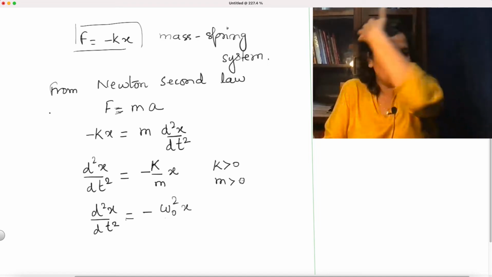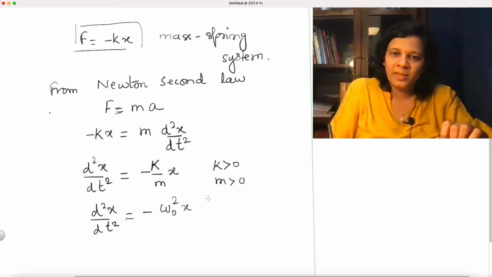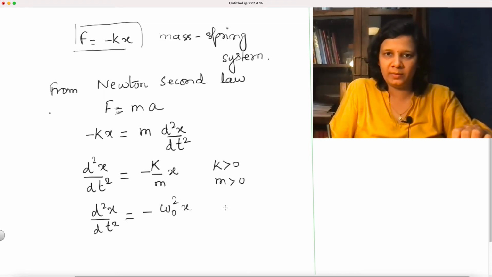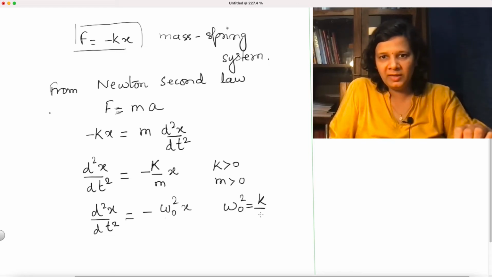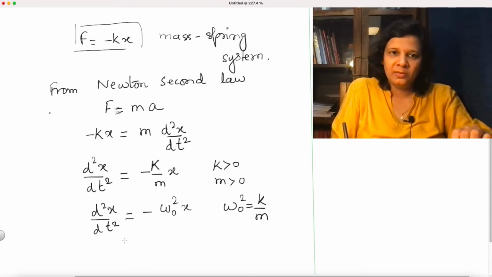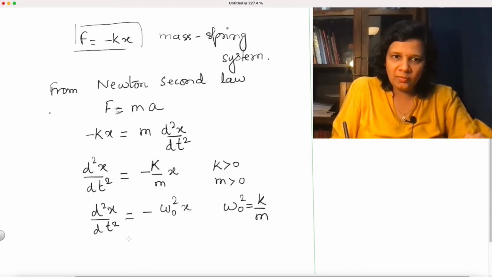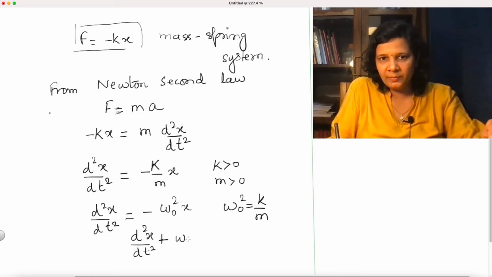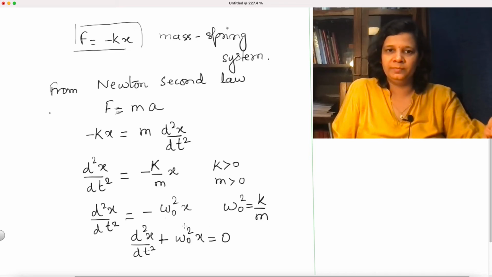So k by m is also greater than 0, and in order to have a positive quantity, I am taking this as omega naught square. So my omega naught square is k by m. So my differential equation, or equation of motion for the simple harmonic oscillator, comes out to be d2x by dt square plus omega naught square x is equal to 0.